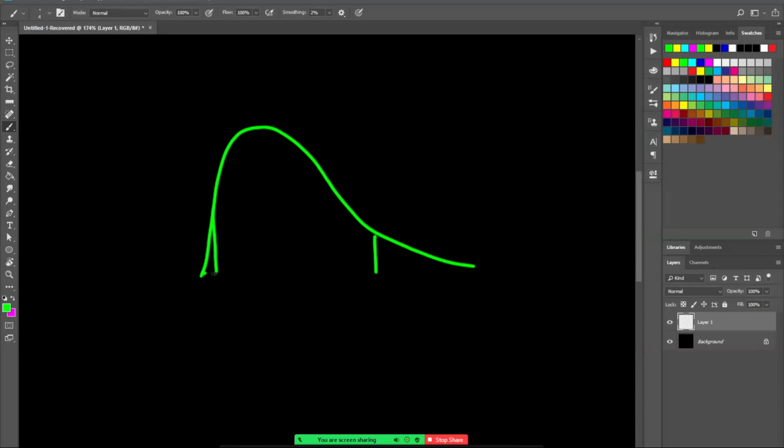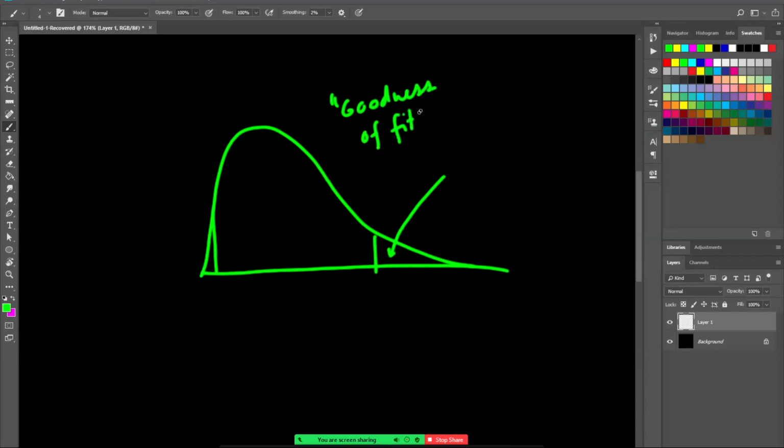This region is what we call goodness of fit. They try to fit the data with what is expected. If you are in this region, this is a point wherein the data does not fit.